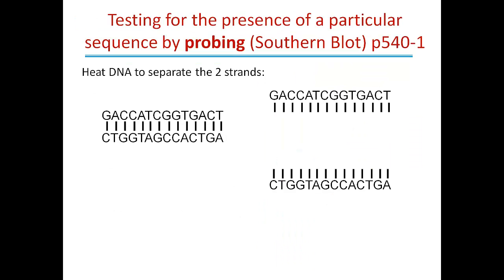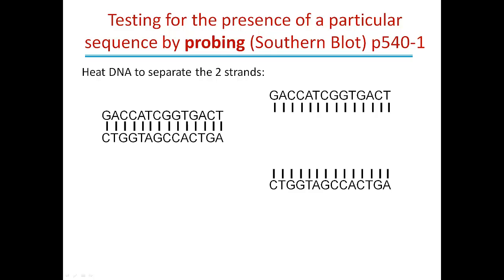The last technique I'd like to talk about is a technique for locating a particular DNA sequence within an entire genome. This technique is called a Southern blot. First I just want to introduce one aspect of this technique, which is called probing. We use the complementary nature of DNA in order to locate that particular known sequence that we'd like to find.